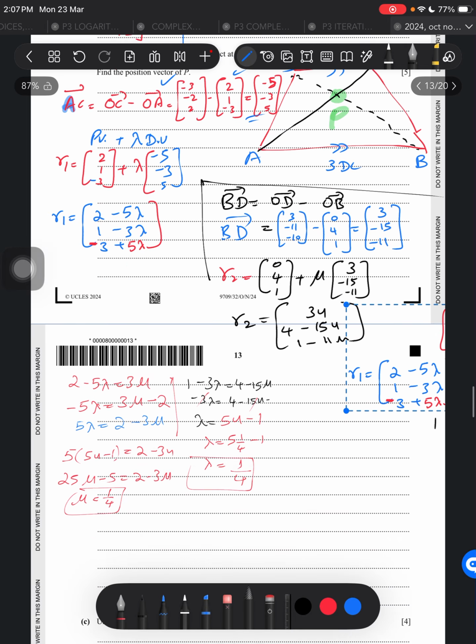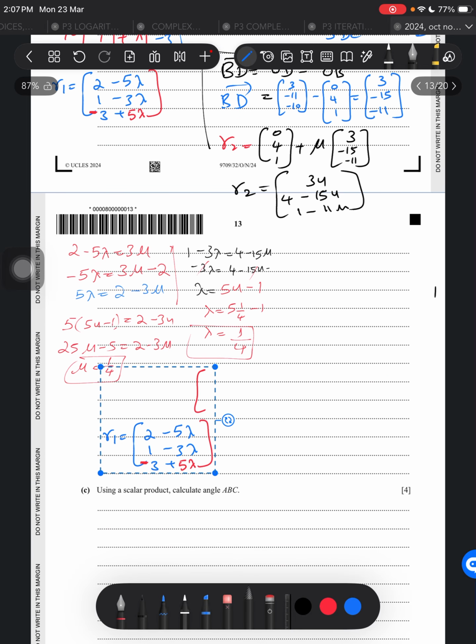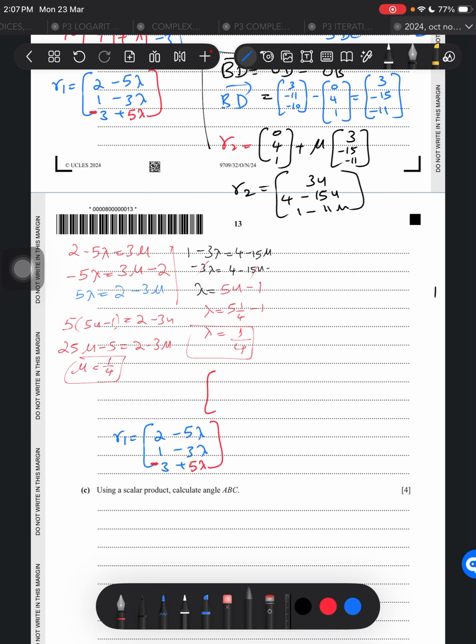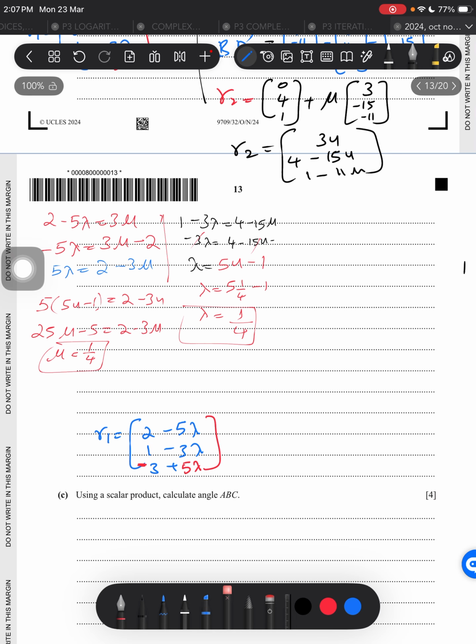Okay, so yes, we can plug in the value of lambda. So lambda would be 1 over 4, 1 over 4 and 1/4.